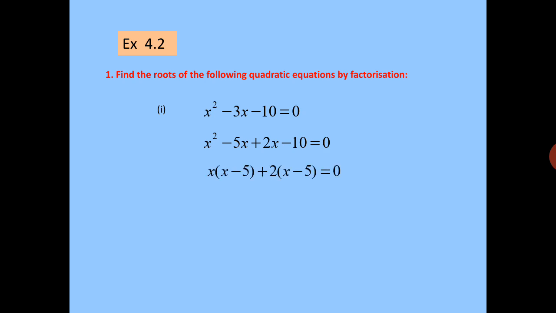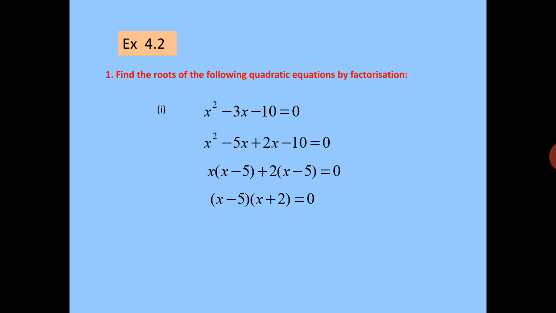Then you proceed with the same method, and finally, you get two brackets wherein first is x minus 5, the second is x plus 2, and the product is equal to 0.